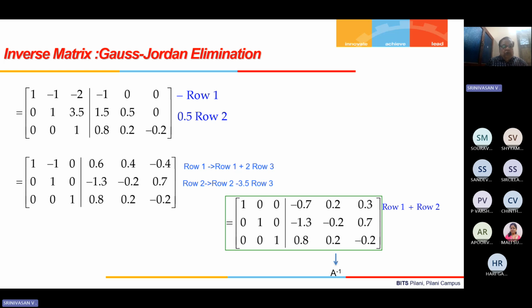So row 1 you have minus 2, row 3 you have 1. As you have done for the first column, you have to now do for the third column.